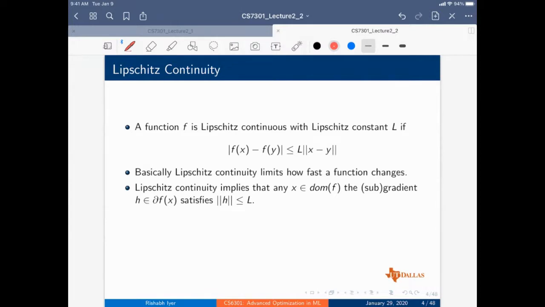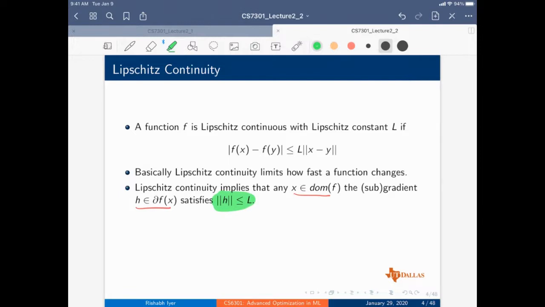Another way to write this is that Lipschitz continuity implies that for any x in the domain of f, the subgradient h belonging to the subdifferential of f at x satisfies that its norm is less than or equal to L. This is fairly restrictive, and as you can imagine, a lot of functions that grow much faster than a linear function would not satisfy this Lipschitz continuity.